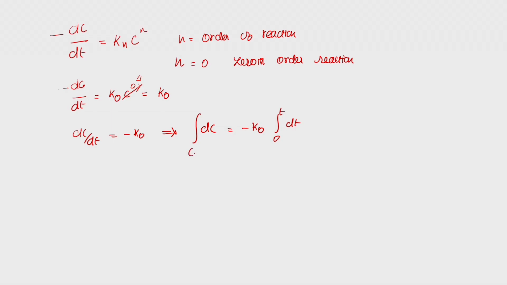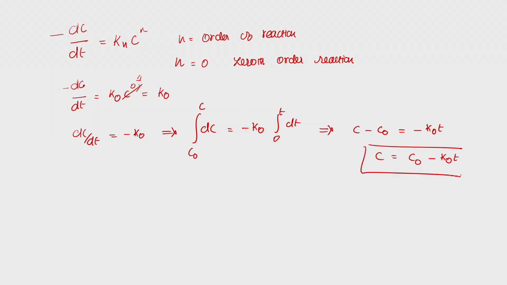In the same way, my concentration goes from initial concentration C naught to final concentration C. So this becomes C minus C naught, which is nothing but minus K naught into t. So C is nothing but C naught minus K naught into t, right. At any particular time I will be able to calculate my concentration when the order of reaction is zeroth order.